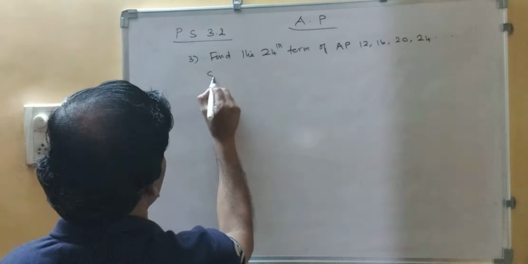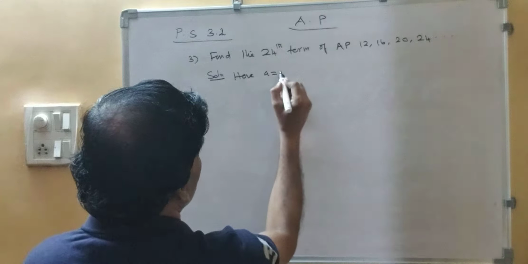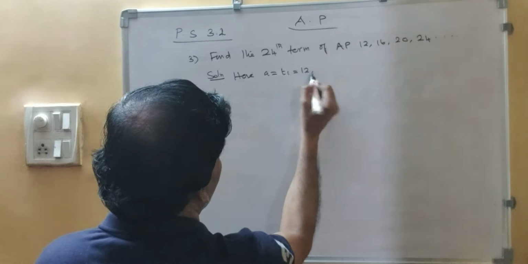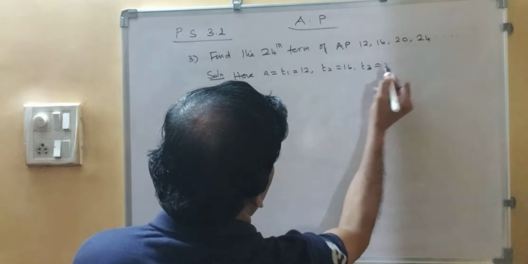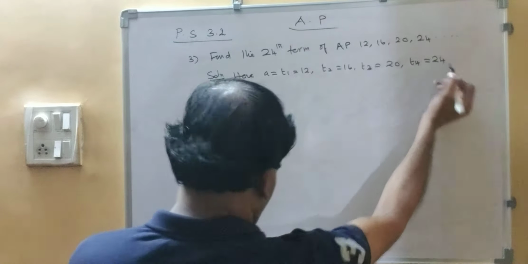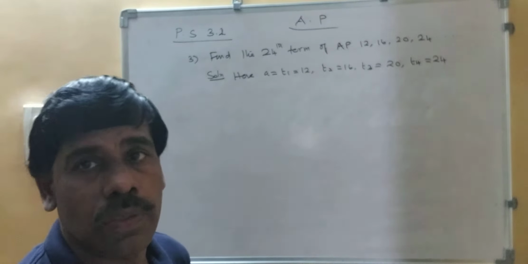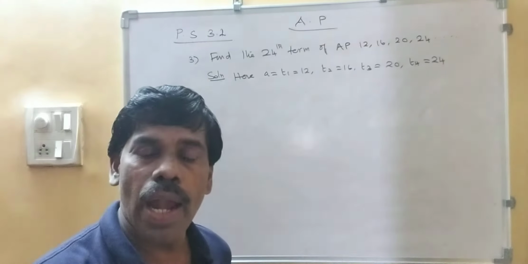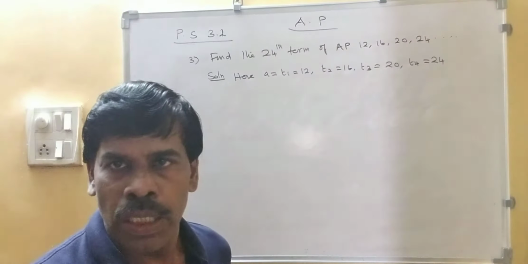Okay. So solution. Here A equal to T1 equal to 12, T2 equal to 16, T3 equal to 20, T4 equal to 24. So first of all, you have to find out the common difference, correct? Because A and D should be known to find out any term of the sequence.